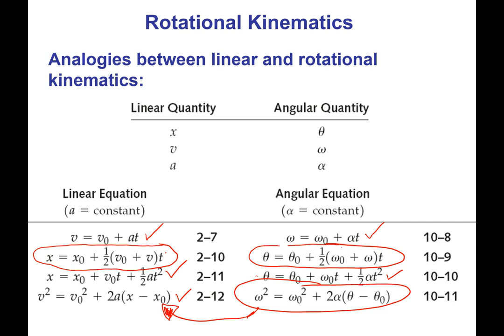That's just combining the linear equations to the angular equations. Your linear quantity, position, is your X. We've already talked about that, so that's your angular position. V is velocity, so your omega is your angular velocity. A is your acceleration, so your alpha, and this is a lowercase alpha, is your angular acceleration.